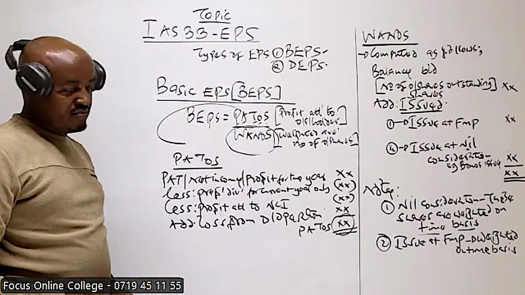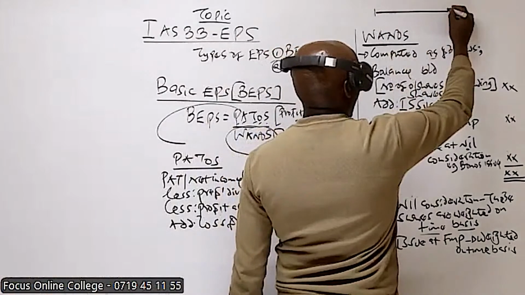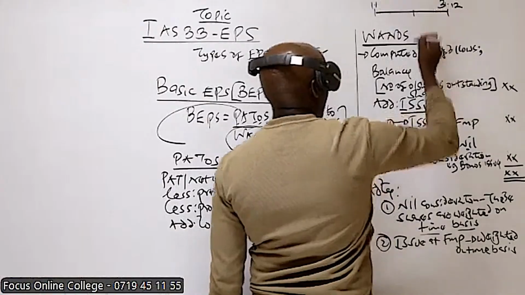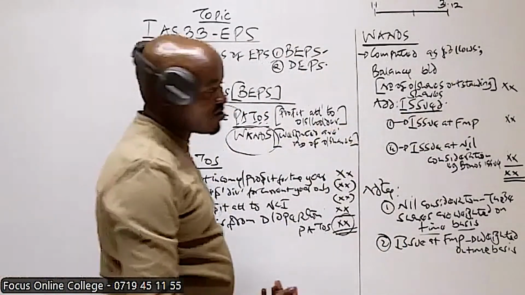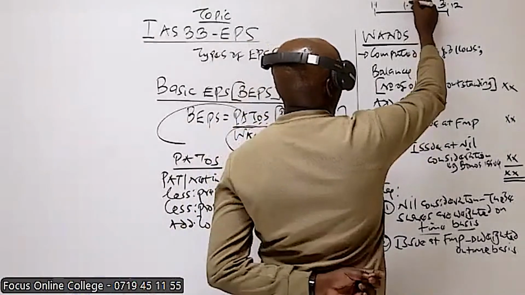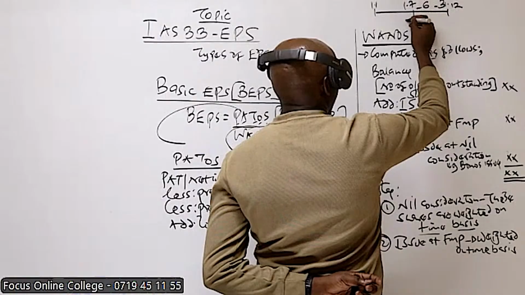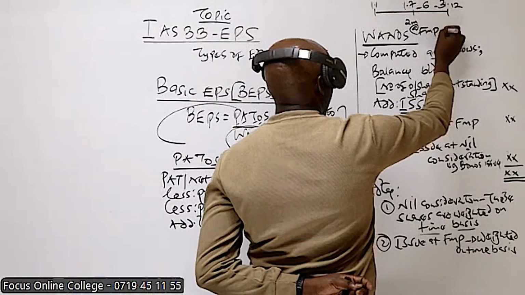Let's assume that the financial year of a company runs from 1st January up to 31st of December. That's when the year starts and when it ends. And maybe you're told that on 1st of July, which is basically 6 months to the end of the year, our company issued 2 million ordinary shares, and these shares were issued at full market price.